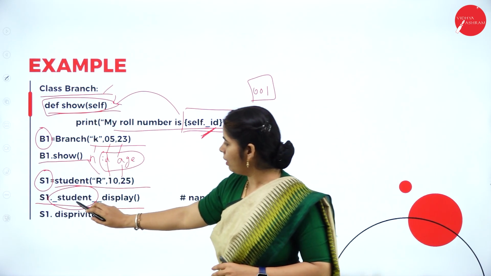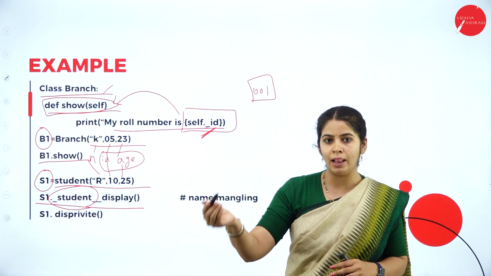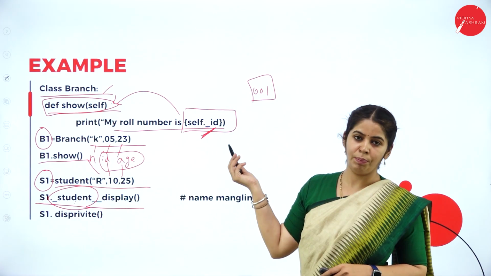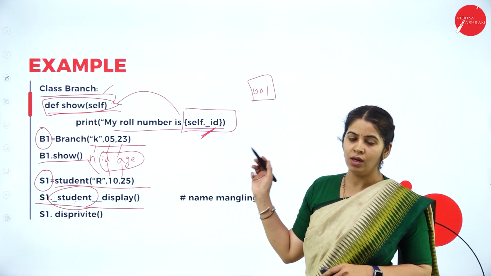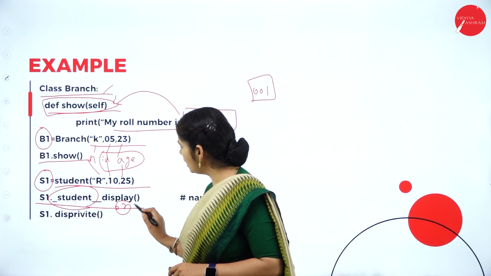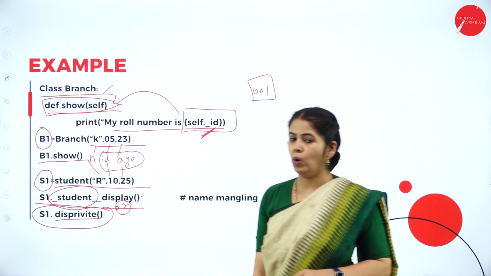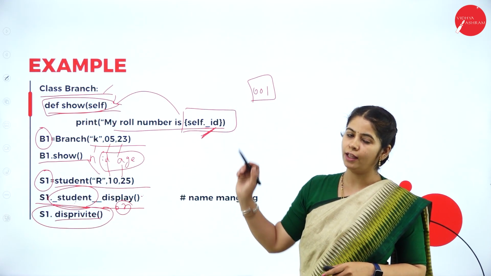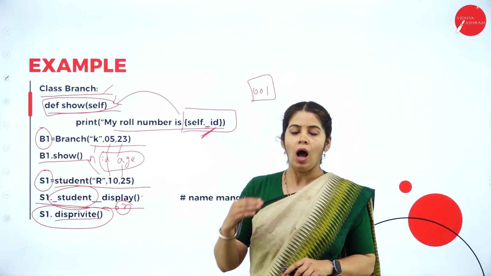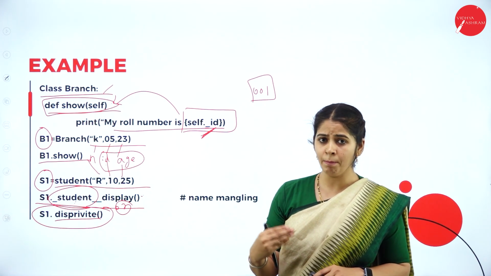This particular statement is called name mangling. Underscore Student, the class it belongs to, can display whatever the print statement in the display method is, and that will be printed. Or I can access the content of the display method using the private display method which has been defined in the base class or the parent class. This is one more way we can access the private data using the public methods.